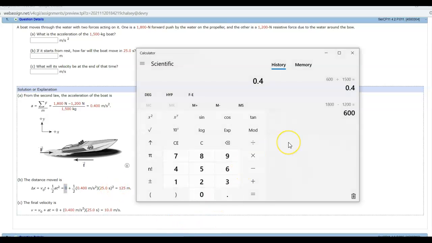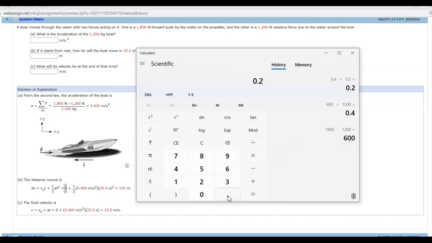All right, so I have my acceleration. Actually, first I multiply it by 1/2, or divide by 2, whichever you prefer.